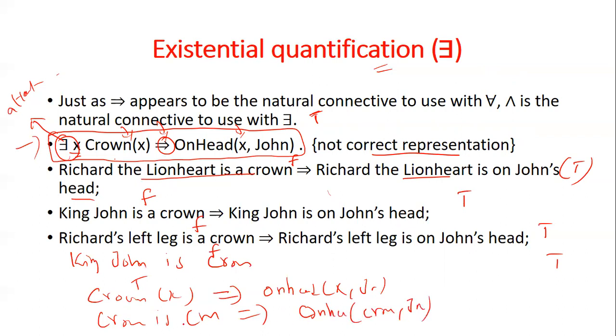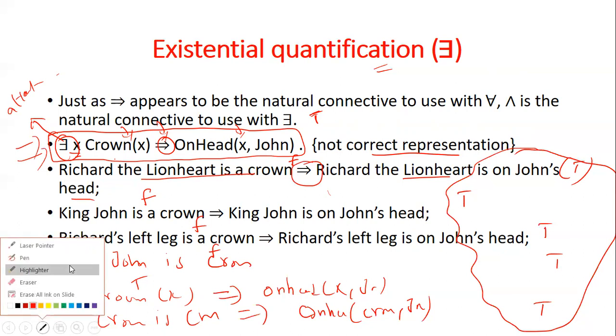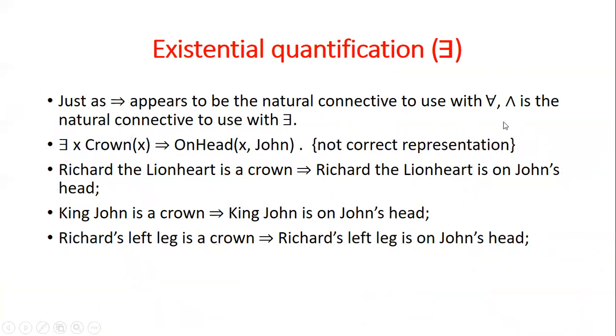This is true. But in this case, everything becomes true. That is not supposed to happen with an existential quantifier. Existential quantifier means there exists some truth, not everything is true. So hence, implication is not the right connective to use with an existential quantifier. The right connective is AND.